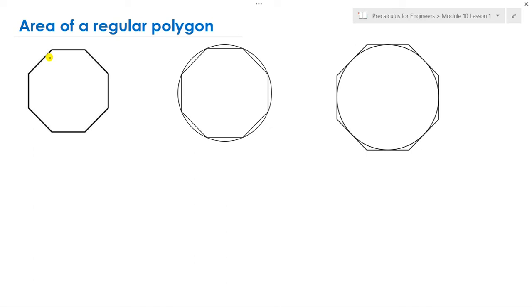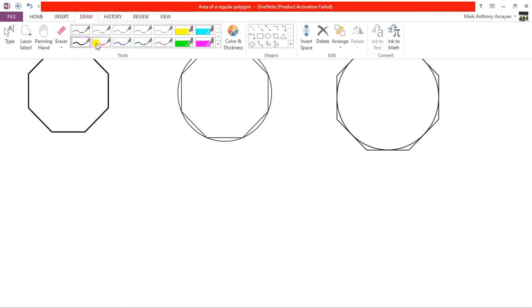So here, ako lang gamiton nga example ang octagon, in which kaning atong area nga gi-derive karon ma-apply siya sa tanan. So let's try first with this figure.